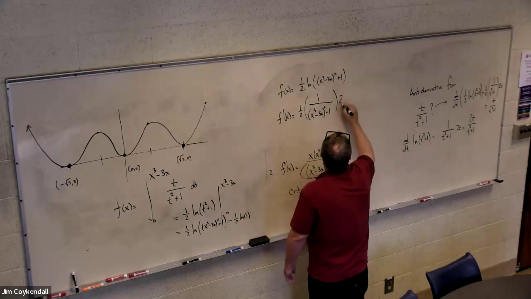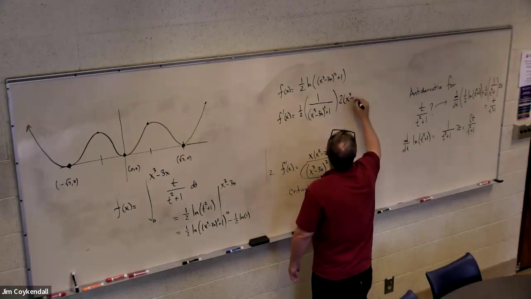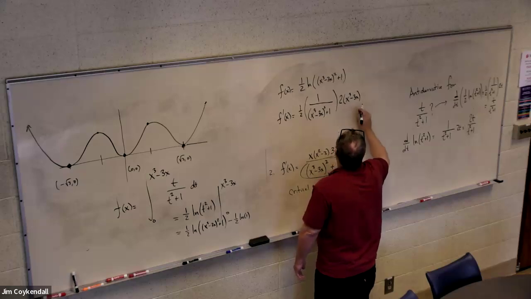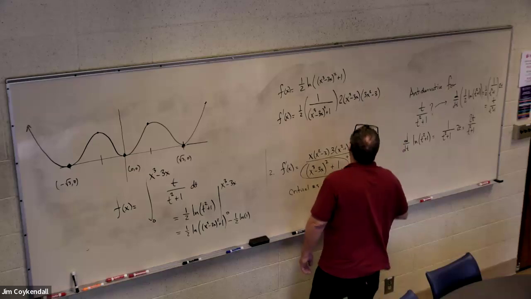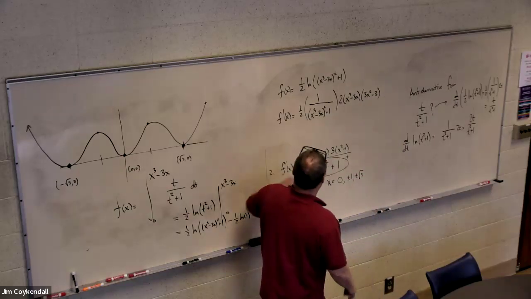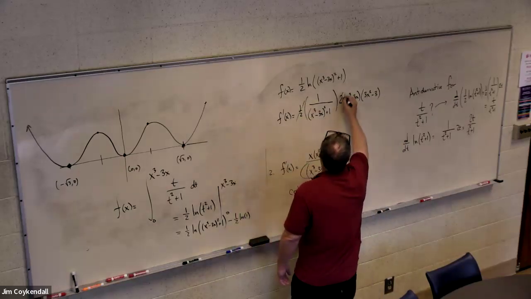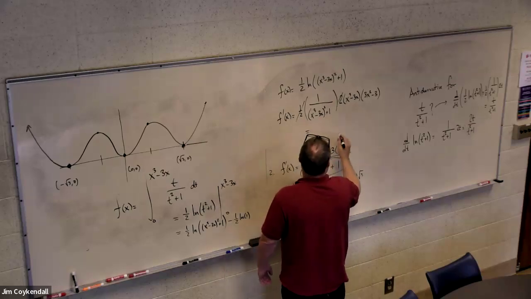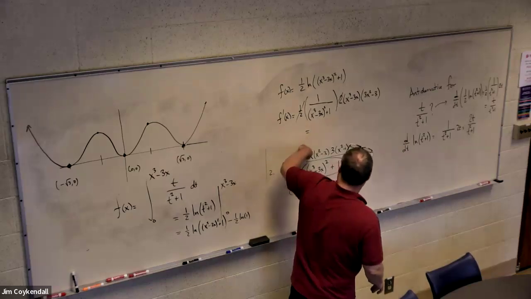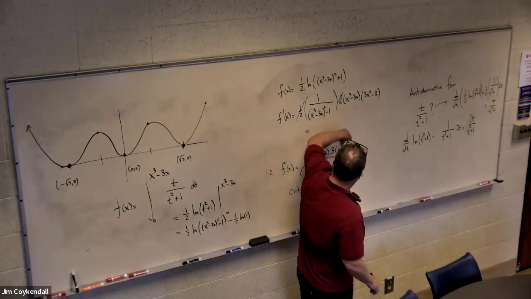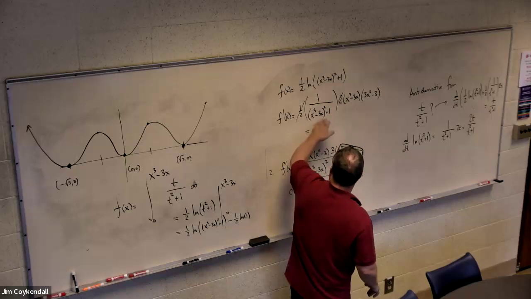The derivative of the log is 2 times x cubed minus 3x, times the derivative. Notice these two 1/2s cancel, and I get the same thing: x cubed minus 3x times 3x squared minus 3, over the same thing.